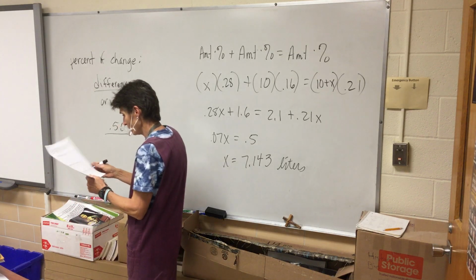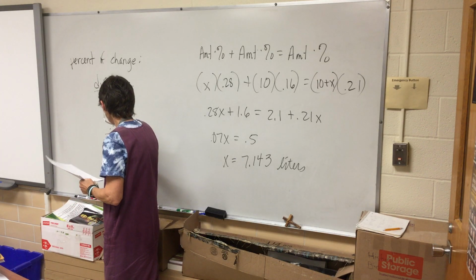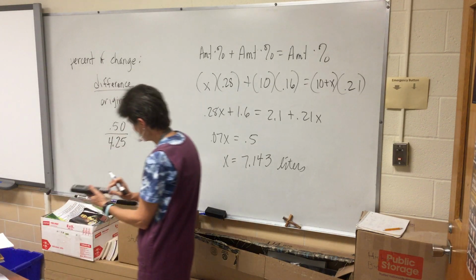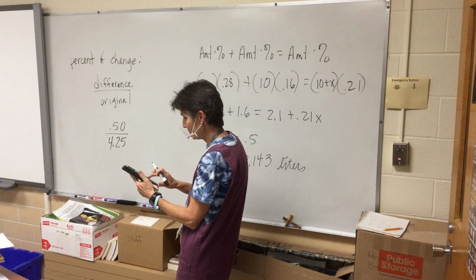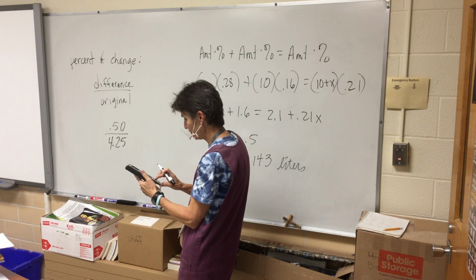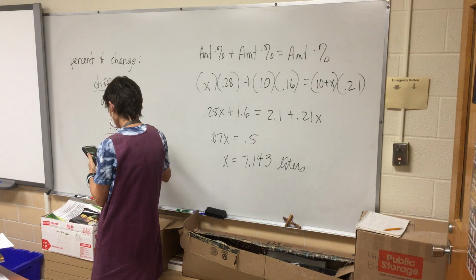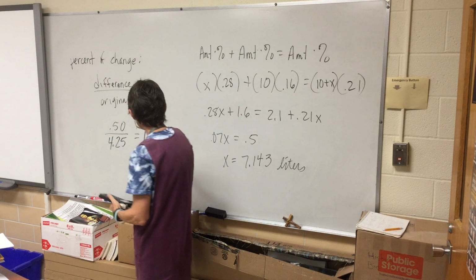And then the original, that was the first price, was 4.25. So I'll just do that division, 0.5 divided by 4.25. And I get about an 11.76%.